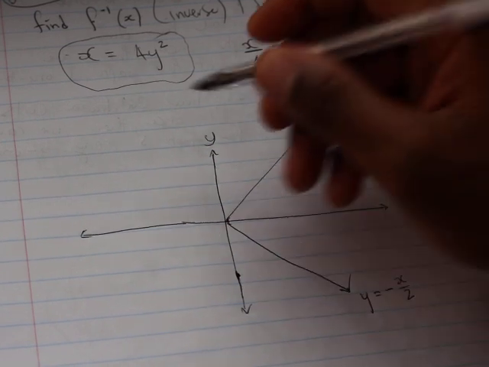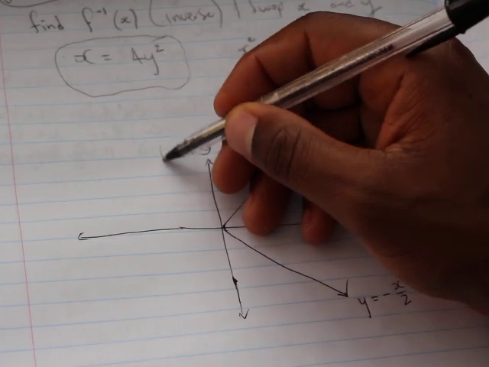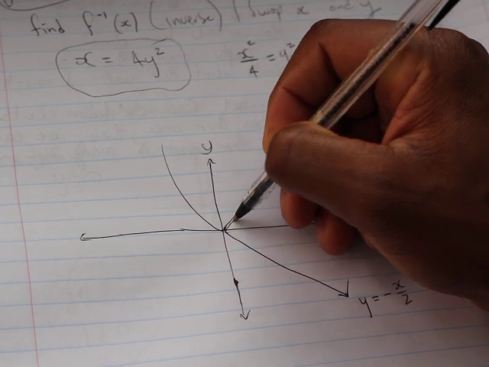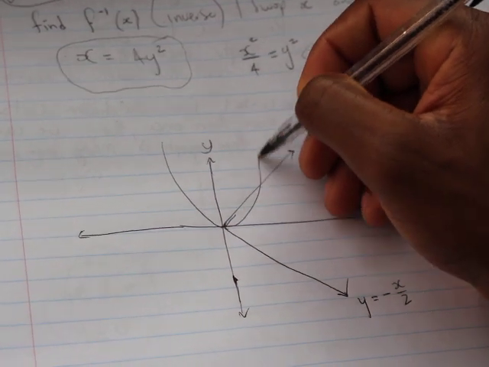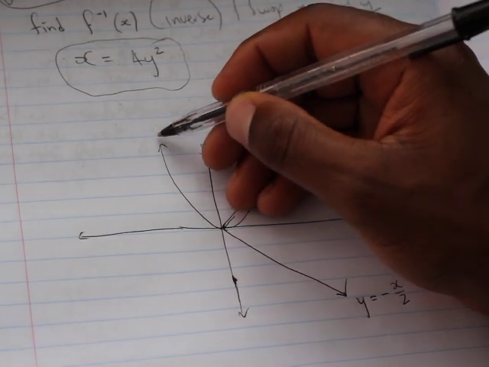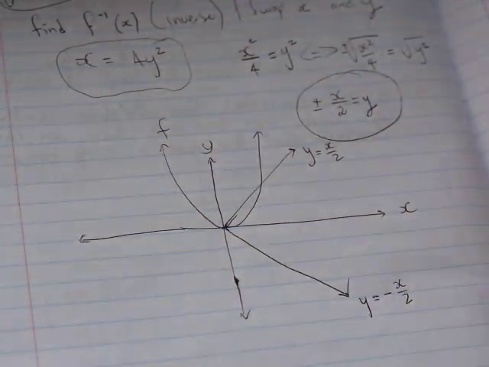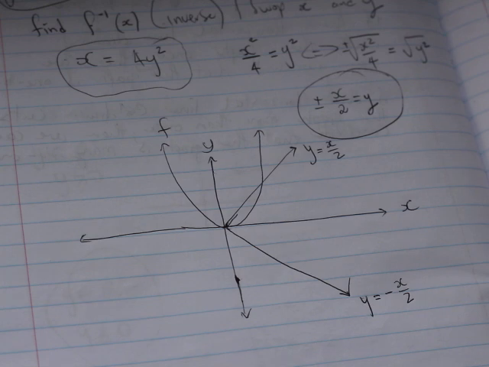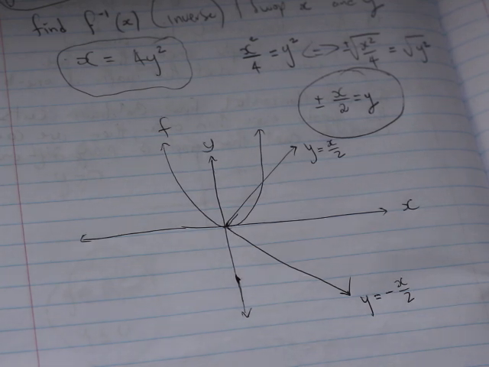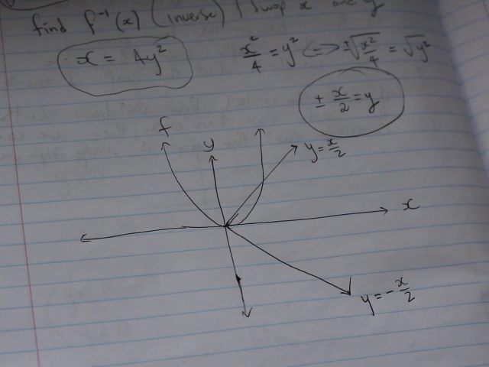Because if you check, the main function looks like this. The main function. And this is just f, which is given by 4x squared.